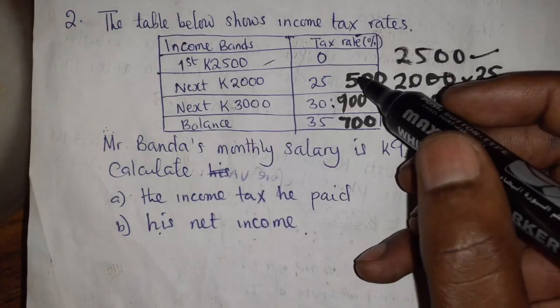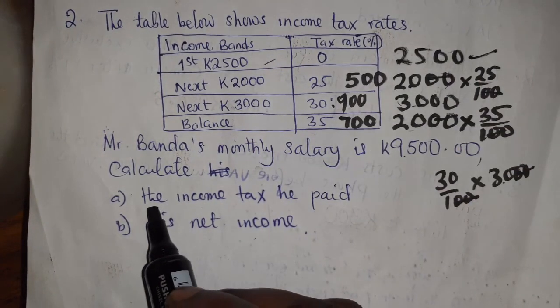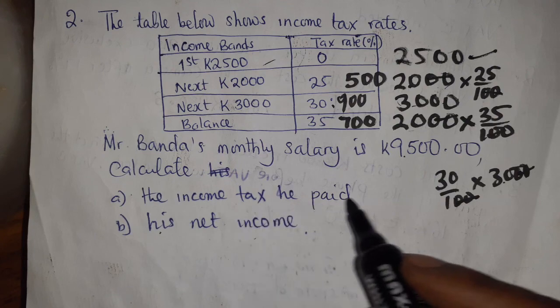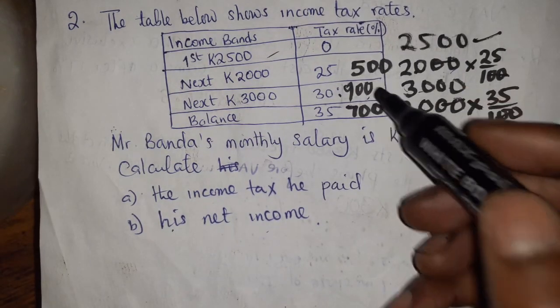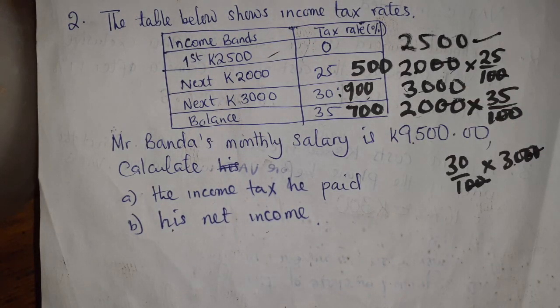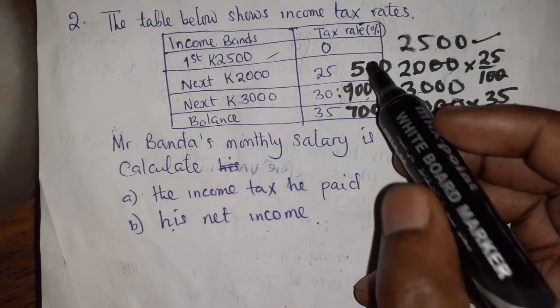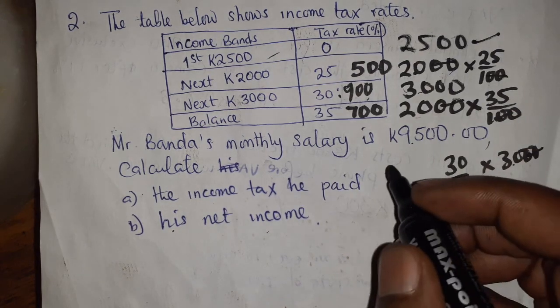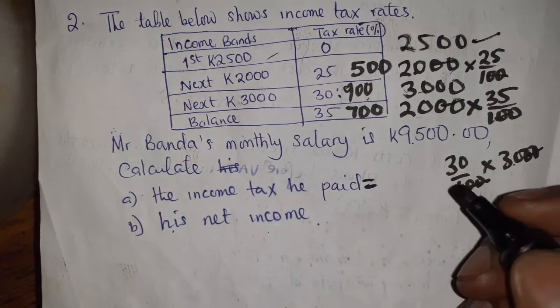So now we talk about calculating the income tax that he paid. So these are the amounts. So we just add 700 plus 900 plus 500. You add these amounts. Okay? How much are you going to get?